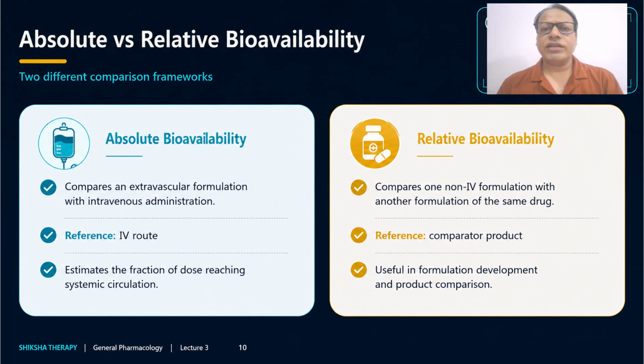Relative bioavailability compares one non-IV formulation with another formulation of the same drug. इसमें हम IV को नहीं कंसिडर करेंगे. For example, two different tablet formulations can be compared. Simple difference है इसमें. Absolute bioavailability में हम यूज कर रहे हैं रेफरेंस में IV, ठीक है, और रिलेटिव में हम यूज कर रहे हैं दूसरी फॉर्मुलेशन रेफरेंस के लिए.